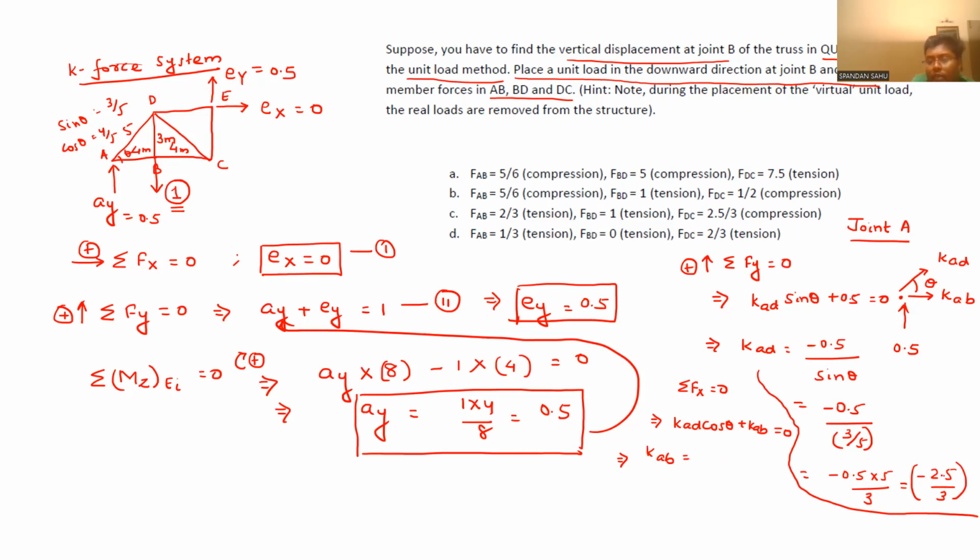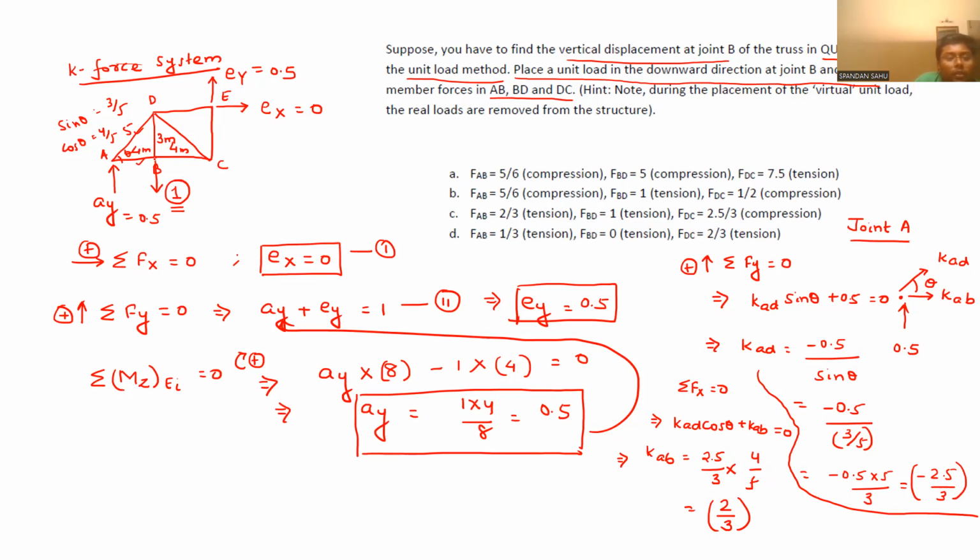Minus KAD is 2.5 by 3 into cos theta, which is 4 by 5. So 1 by 2, 2 by 3. So KAB we got and KAD we got.